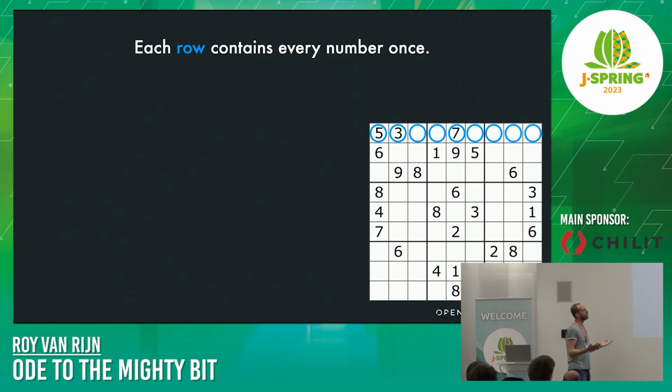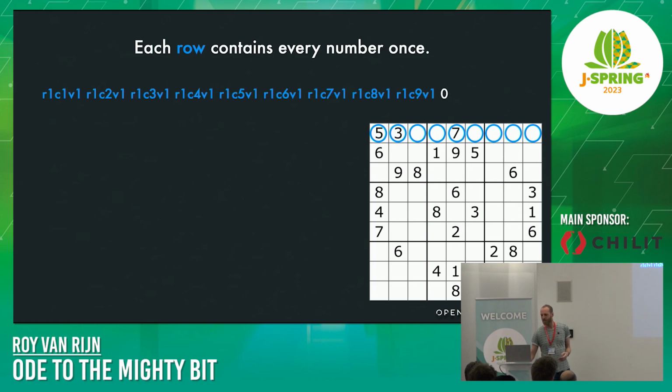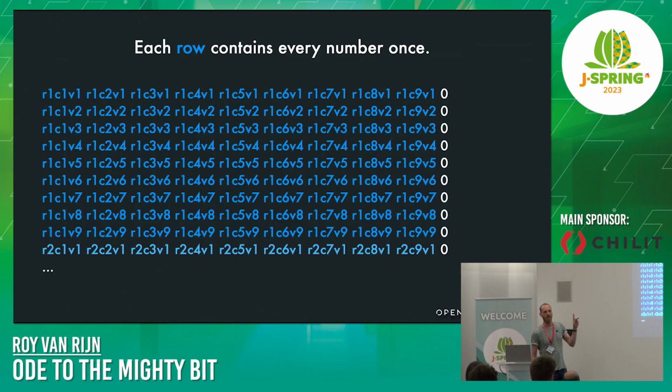How do we do it for a row? Well, the logic is kind of the same. So for row 1, column 1, value 1, for row 1, column 2, value 1, for row 1, column 3, value 1. So in one of these, there needs to be a 1. There also needs to be a 2 in one of these.